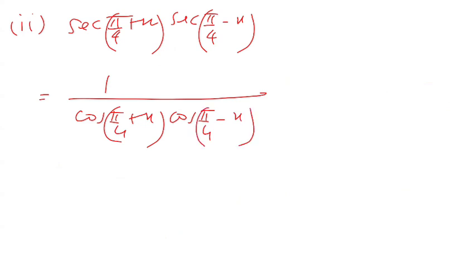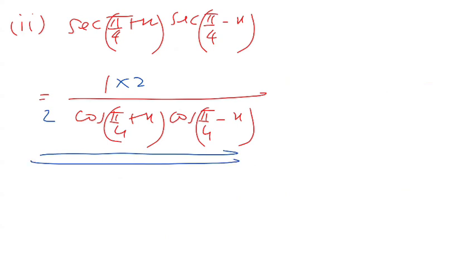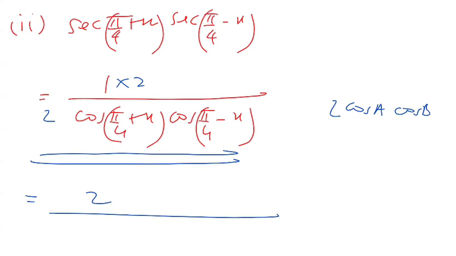Now here also we'll multiply and divide with 2, because down we can apply the 2 cos A cos B formula. 2 cos A cos B is nothing but cos A plus B plus cos A minus B. So this is going to be cos 90 plus cos A minus B.